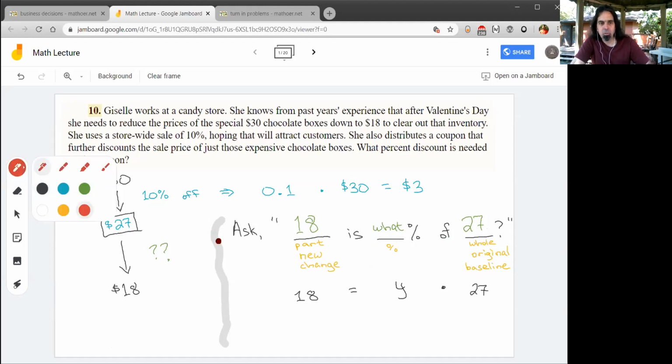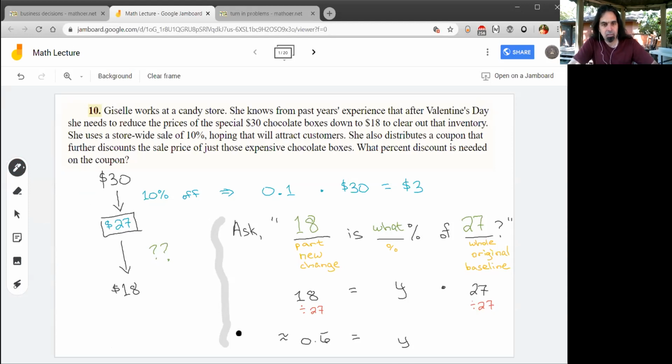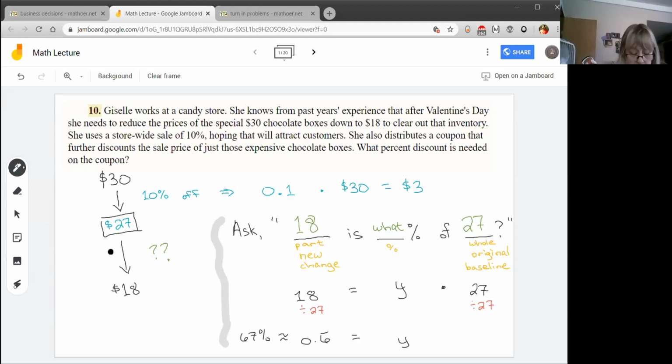Divide both sides by 27 to get y by itself. 0.666.